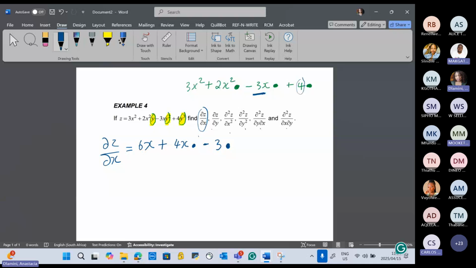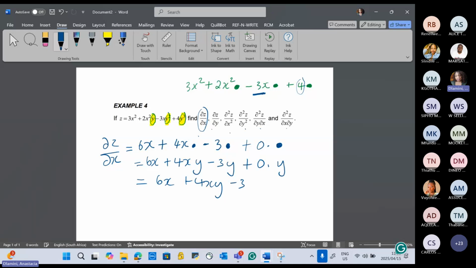It's 0. So you go and say plus 0 times that dot. Now when you return your dots, you know your dots are represented by y. So this equals 6x plus 4xy minus 3y plus 0 times y. And we know 0 times y is 0. So this is 6x plus 4xy minus 3y.